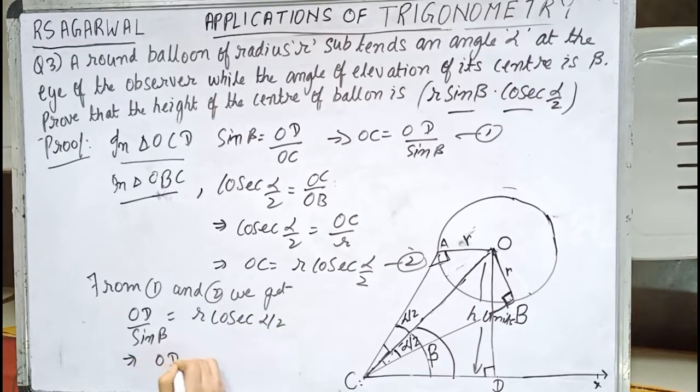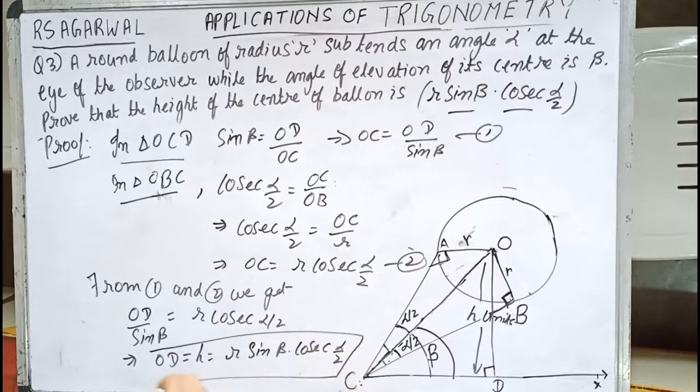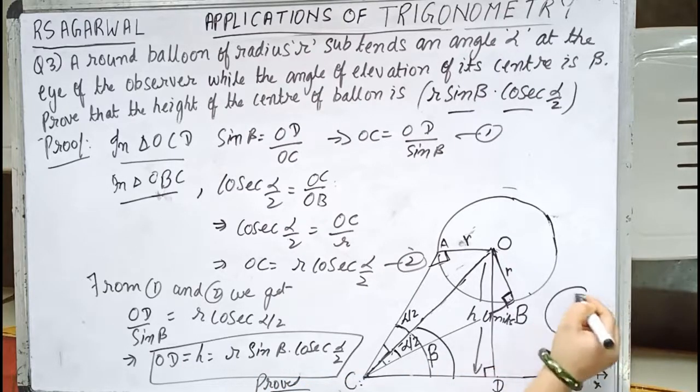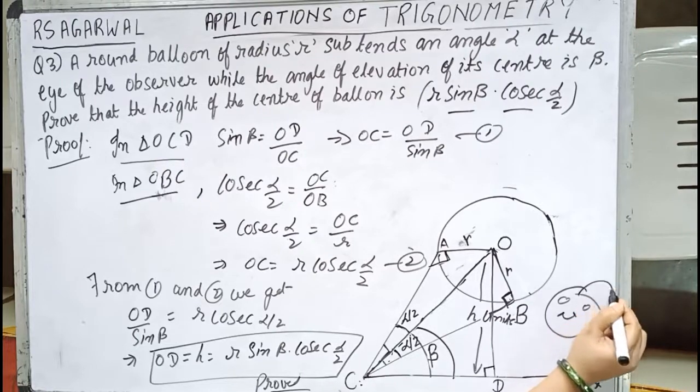This implies OD equals h equals R sine beta into cosec alpha by 2, which was the required thing which we have to prove. So this is the required part and hence proved. And this one is nice if you have done the sum on your own.